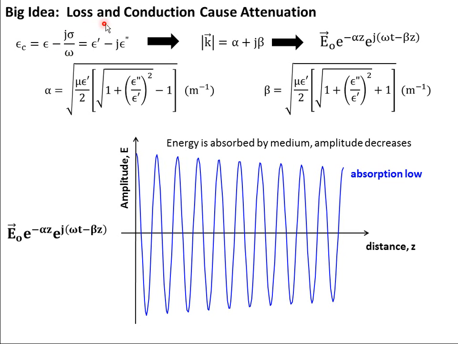However, we do have some conductivity. We see the permittivity has a real part and an imaginary part. Essentially, we can then write our K vector as having two components, an alpha and a j beta component.